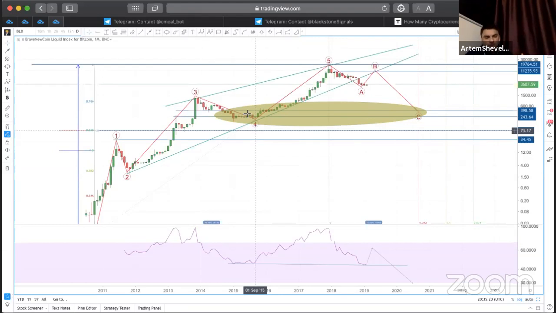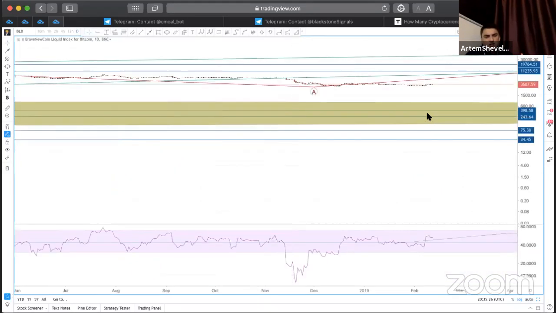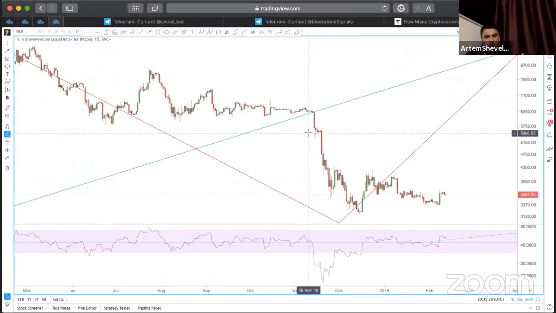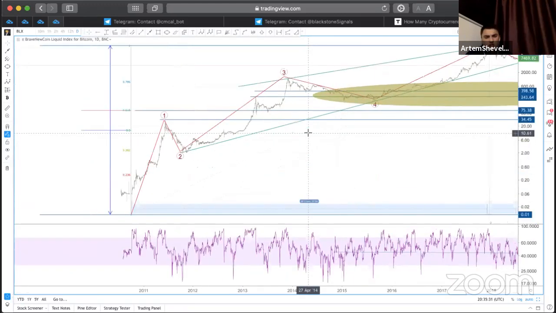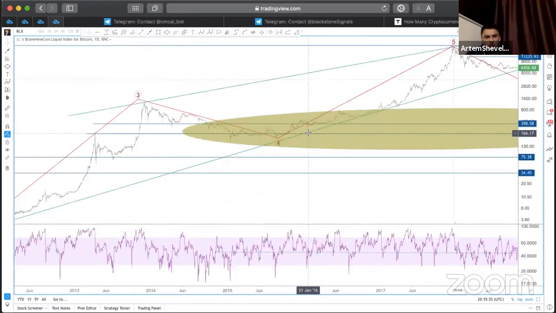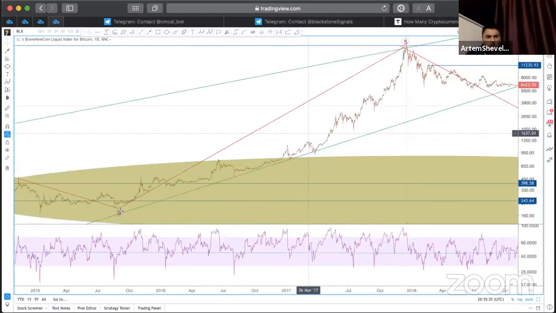And if we're gonna check the previous bull run from BTC, let me check it. This phase of the 4 and 5 waves has a lot of extended waves inside.